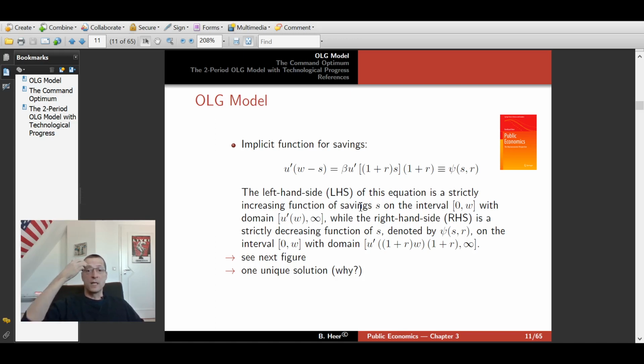The left-hand side is a function of savings, and the right-hand side is a function of savings. And we will study the equilibrium, which is defined by the point of intersection of the left-hand side and the right-hand side.